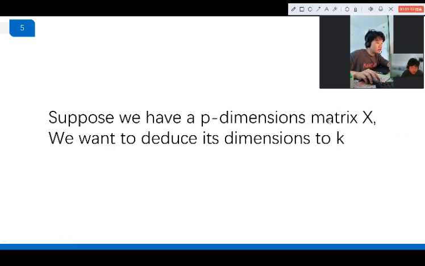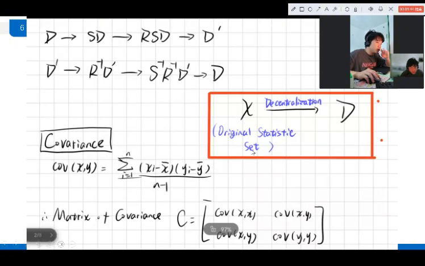So first of all, we need to do decentralization to X. From X to D, we put the center of the statistics onto the origin point. Then we stretch this D and do rotation and get D prime.